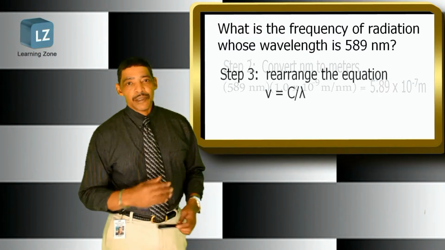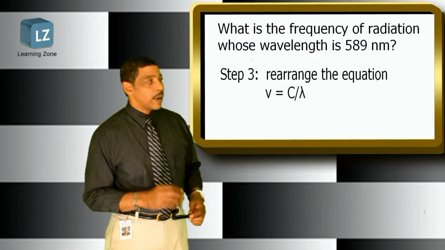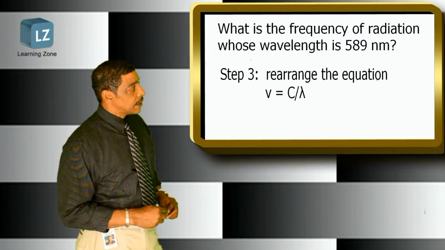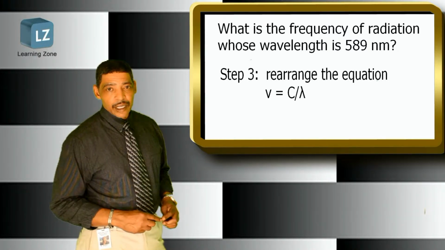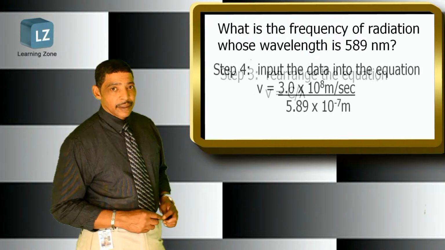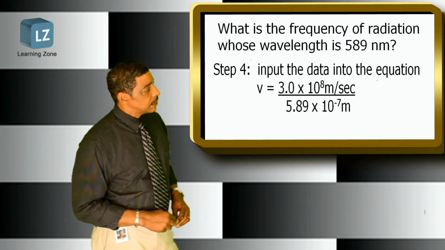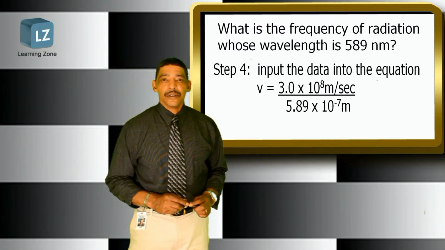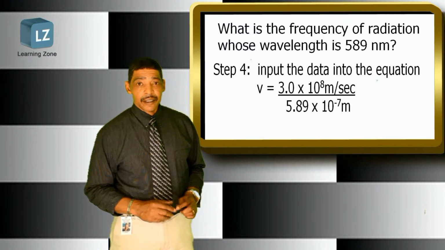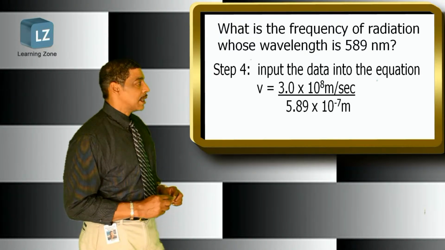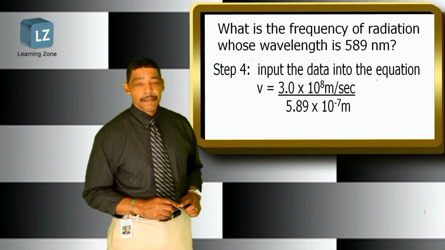Now rearrange the speed of light equation, where frequency is equal to the speed of light, c, divided by the wavelength, lambda. Inputting the data generates the following, where the frequency is equal to 3.0 times 10 to the 8 meter per second divided by 5.89 times 10 to the minus 7 meter.